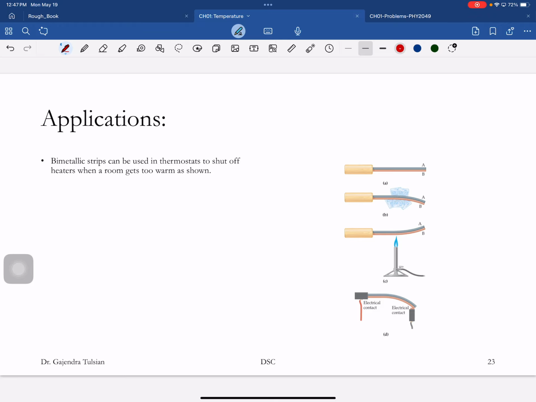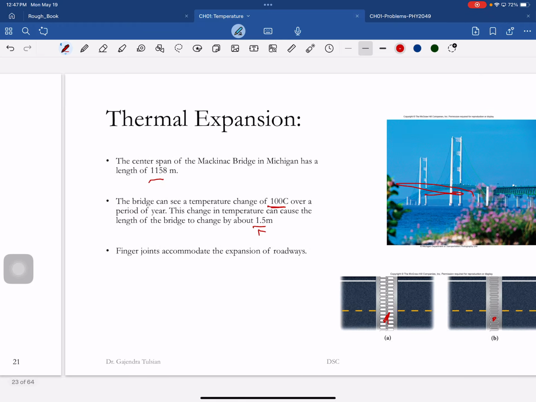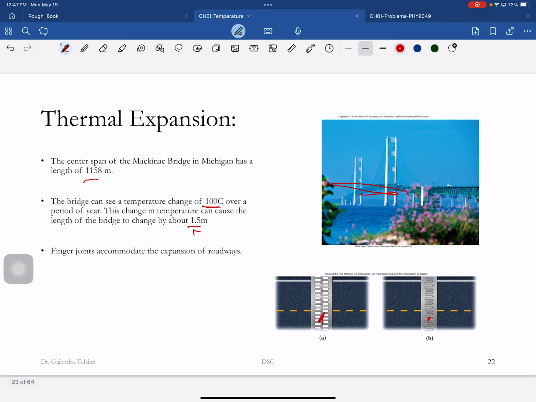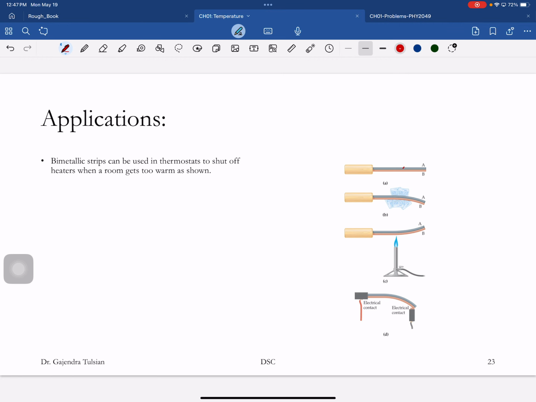So here's a little application, now that you know this. You can take two materials. Here's iron, steel and aluminum. You can see that aluminum expands twice as much as iron. So here's something you could do with it. One can be aluminum and one can be iron. The bottom one would be aluminum, and the top one would be steel.